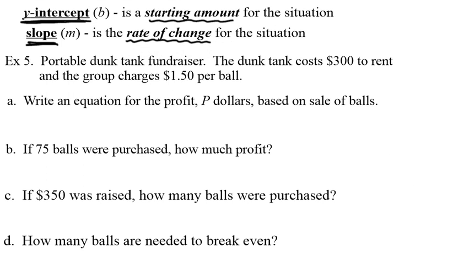Well, what's an equation that we could write for the profit, P dollars, based on the sale of the balls? Well, the profit that the fundraiser is going to make, what's the first thing we know? We know it costs them $300. So right away, it's a -$300 before they've collected any money because they had to pay for the tank.